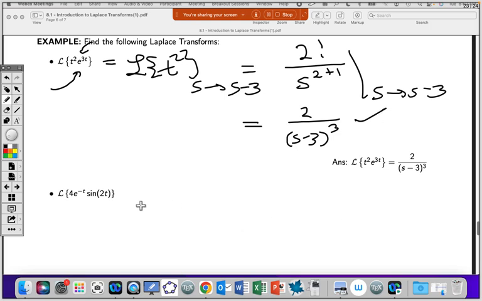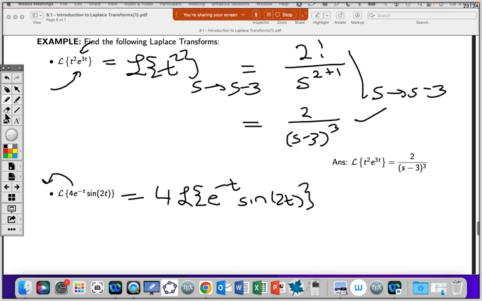If I want the Laplace transform of 4 e to the minus t sine of 2t, we can factor that 4 out by linearity. And now I can take care of this. I've got an exponential here times the Laplace of something I know.